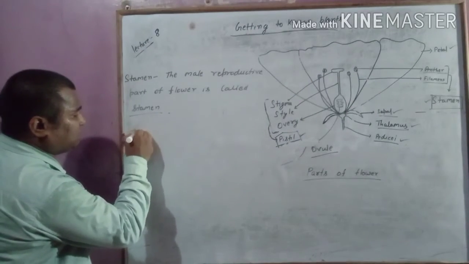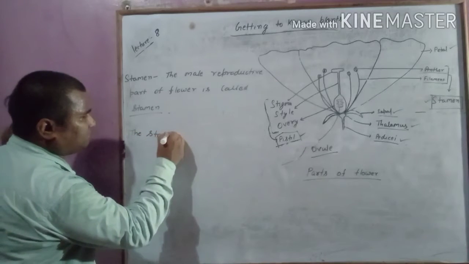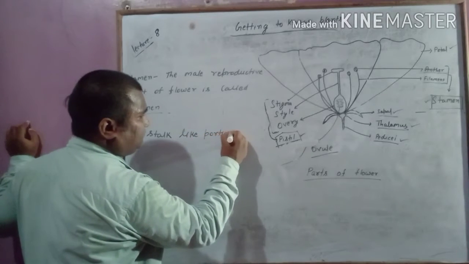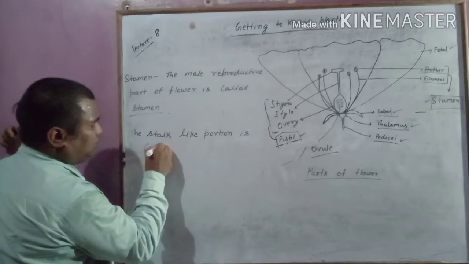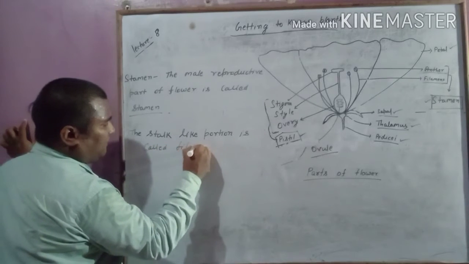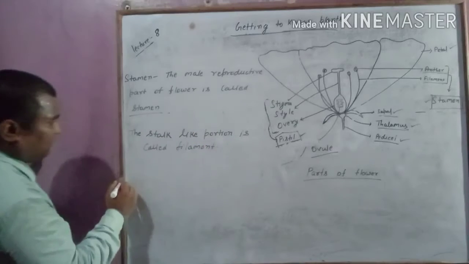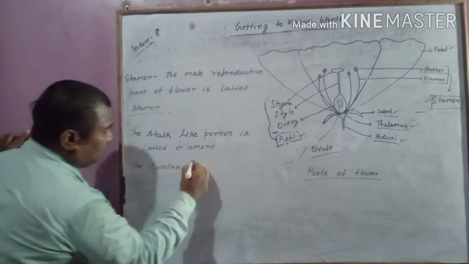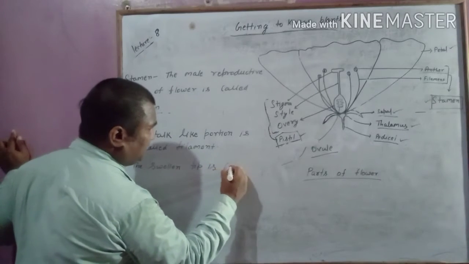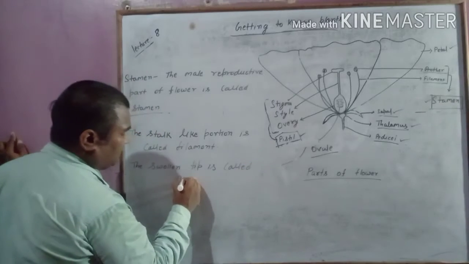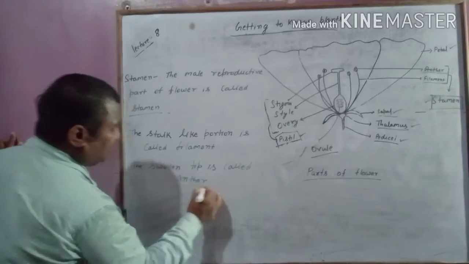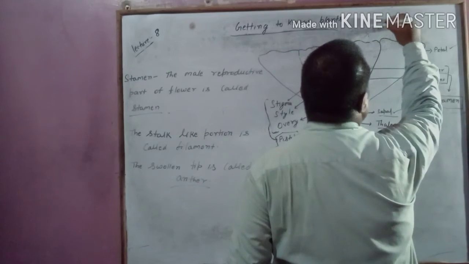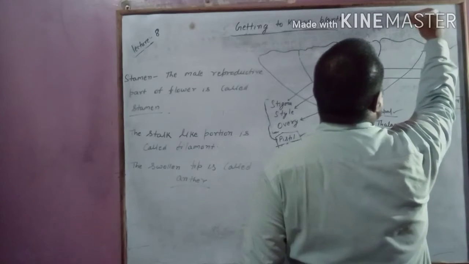The stalk-like portion is called filament, and the swollen tip is called anther. And in this anther there is pollen grain, pollen or pollen grain.